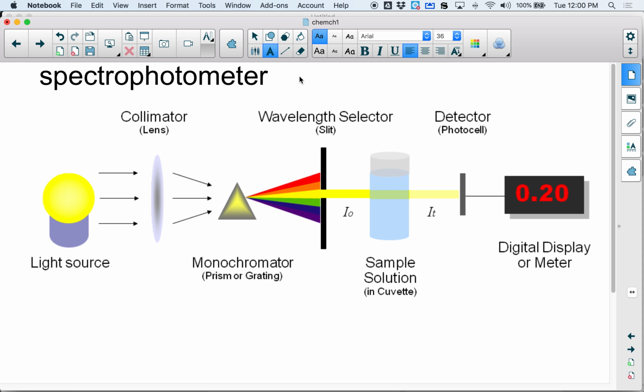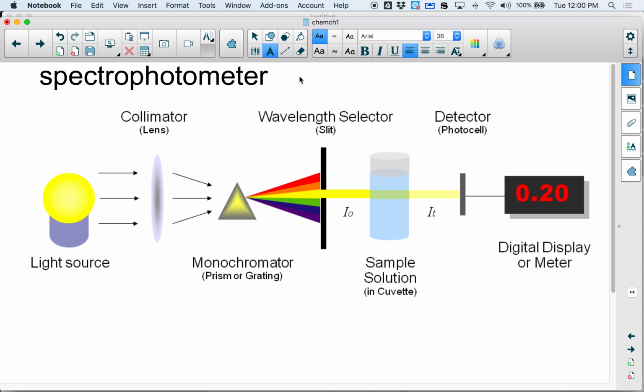Okay, transmittance is the opposite of absorbance, and it is related to how much light goes through. And transmittance is usually calculated as a percentage.